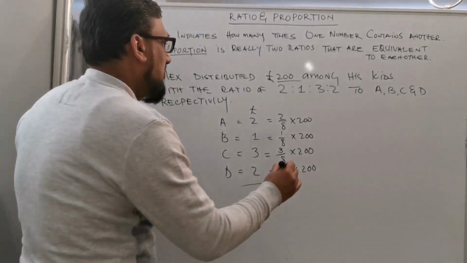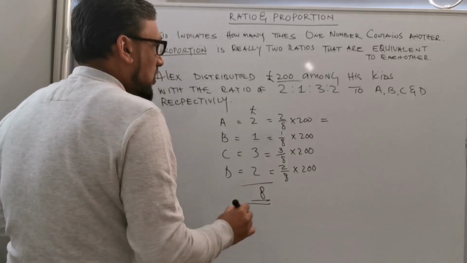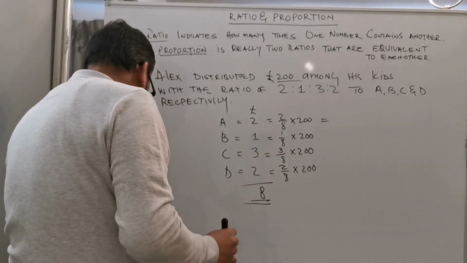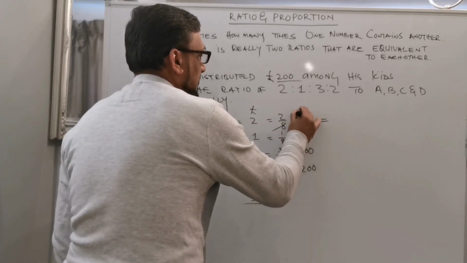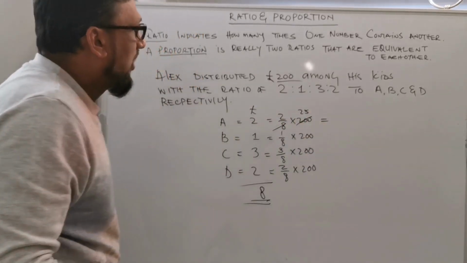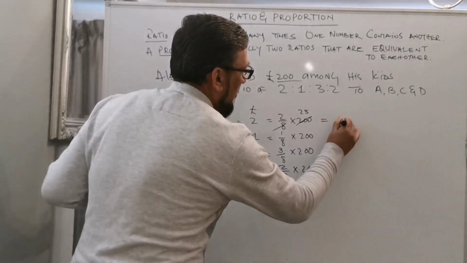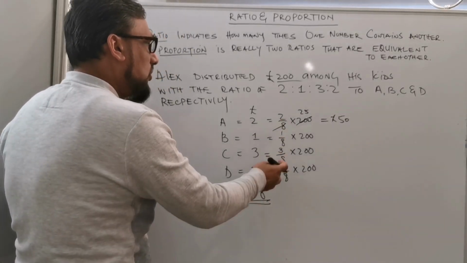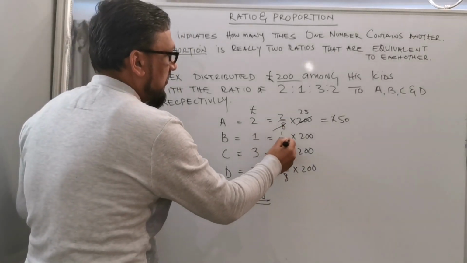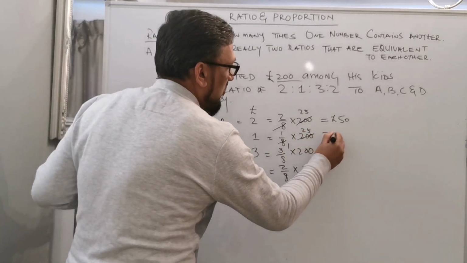Very simple. Mr. A gets 2 over 8 of 200: 8 times 25 is 200, so 2 times 25 is 50 pounds.